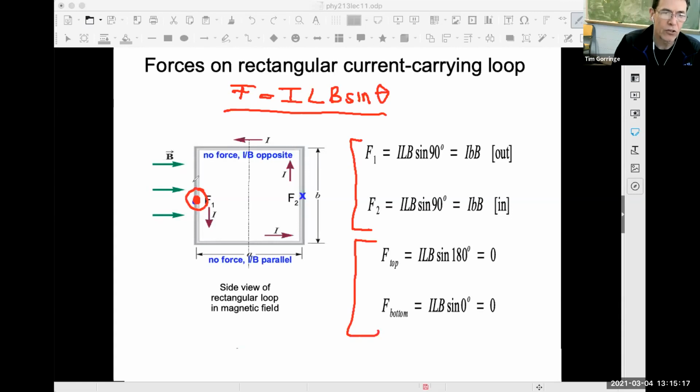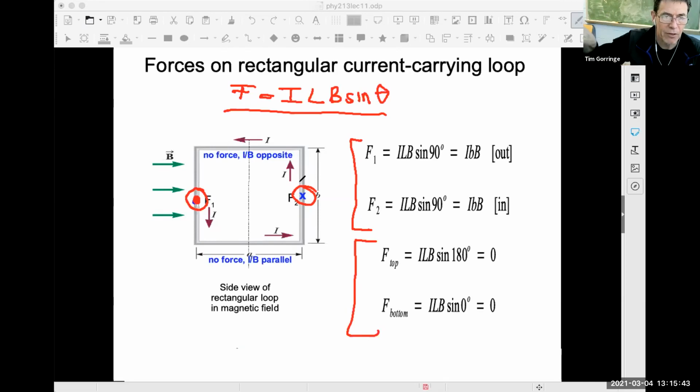I see the force is perpendicular to the field lines and perpendicular to the current. It's out of the overhead, out of your screen. So that's the force there. If I do the same thing over here on the right-hand side, again, I would point the palm of my hand in the direction of the current and curl my fingers in the direction of the magnetic field.